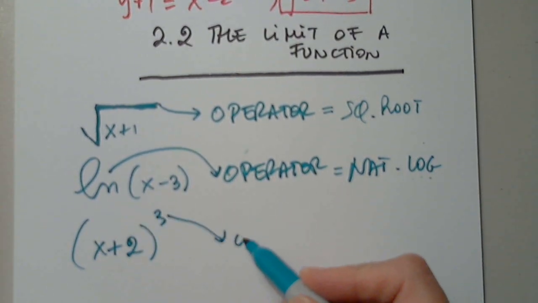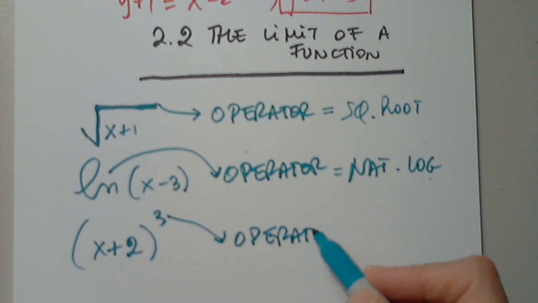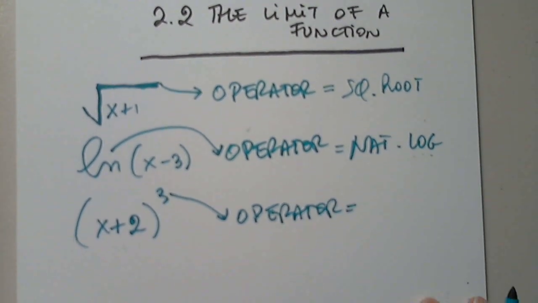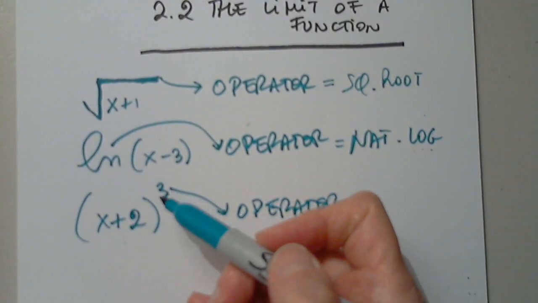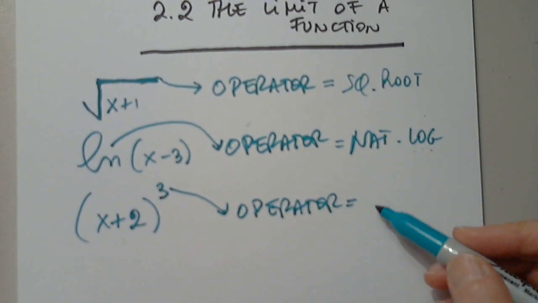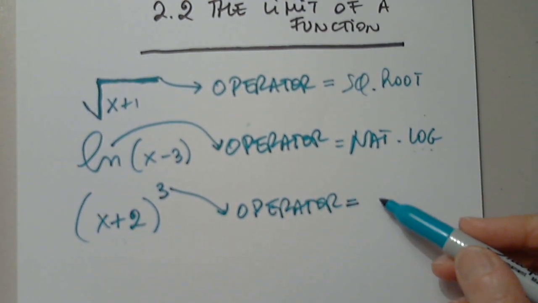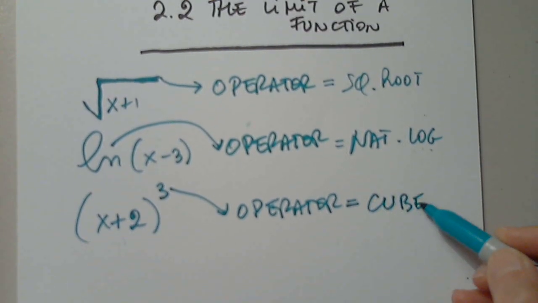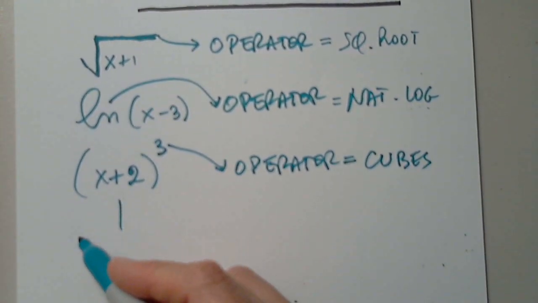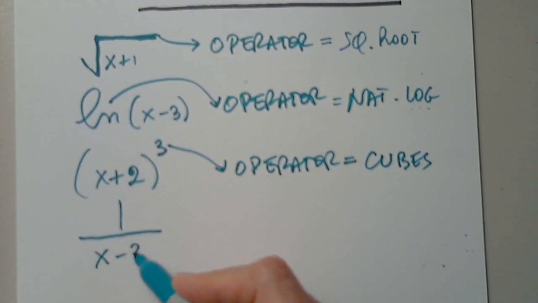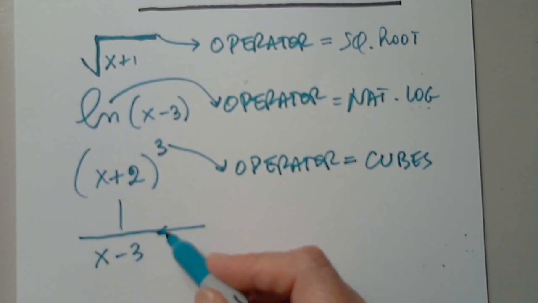What operator is this? What does this operator do to x plus 2? Cube. Good. One more. What is this operator?